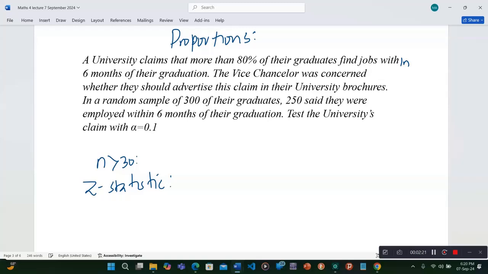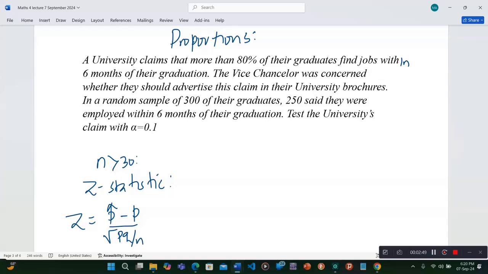But the Z-statistic for proportions is calculated from p̂, the proportion which is given, minus P hypothetical, divided by the square root of PQ out of n.